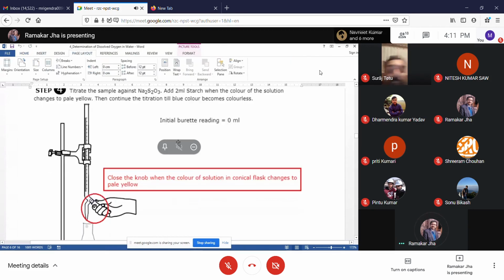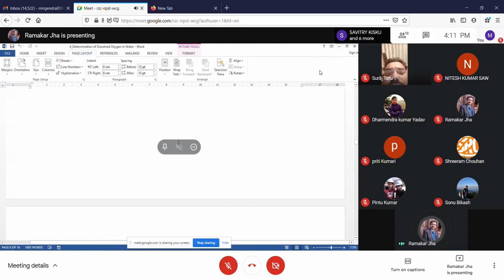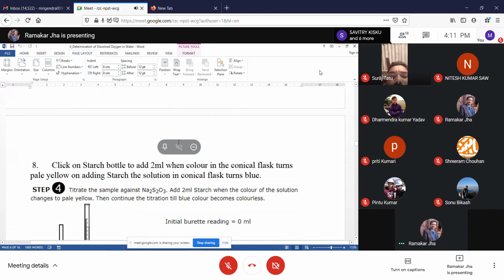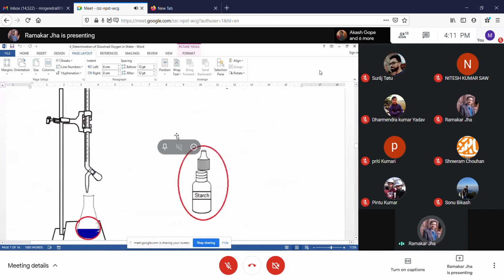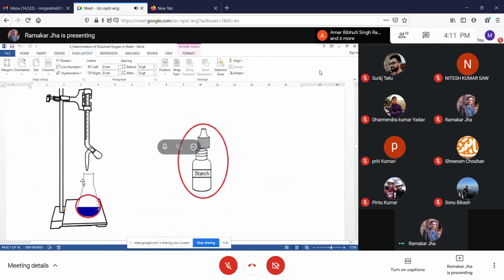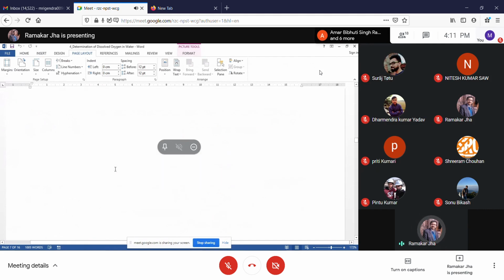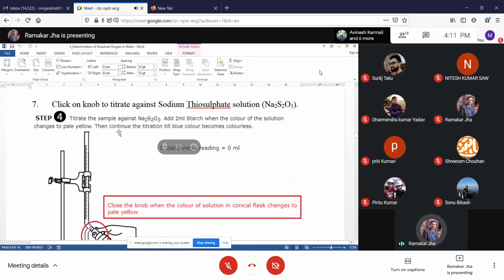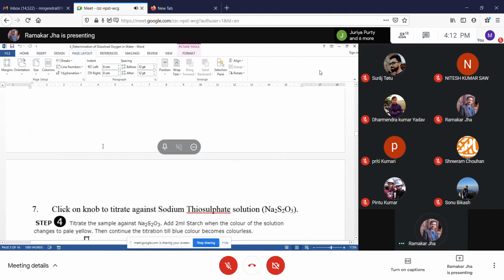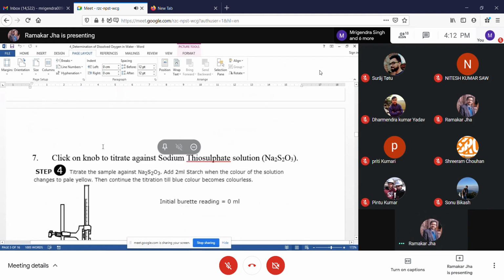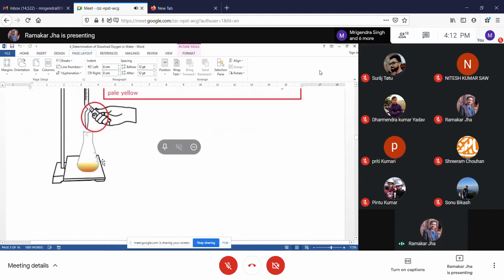Then we close the knob and titrate the sample, what we have discussed. So this was the initial burette reading. Earlier, before the starch was added, the color was deep yellow. After adding some sodium thiosulfate, it becomes light yellow.